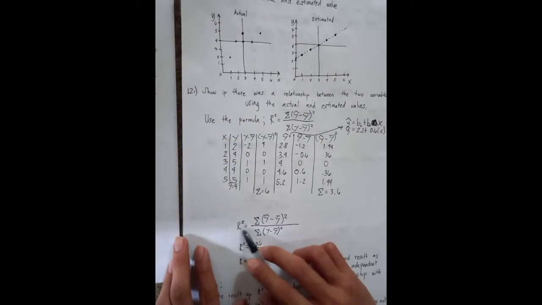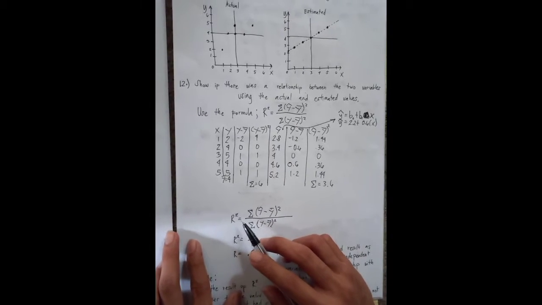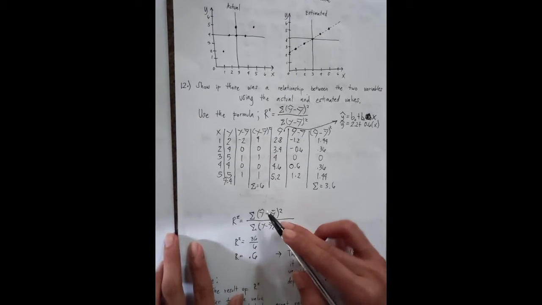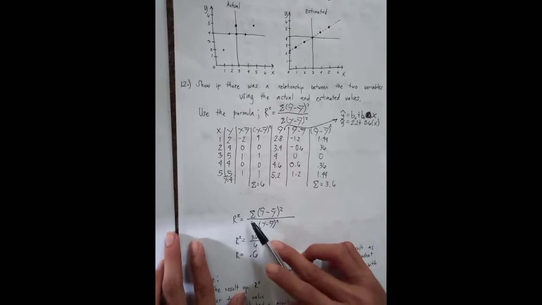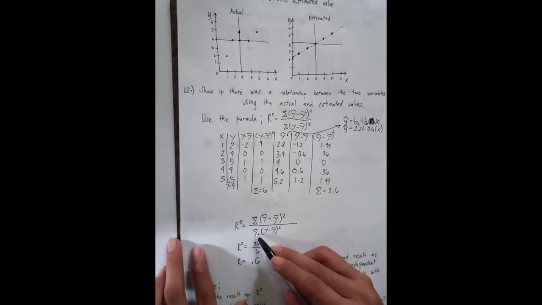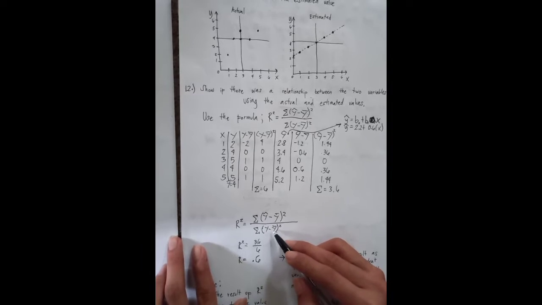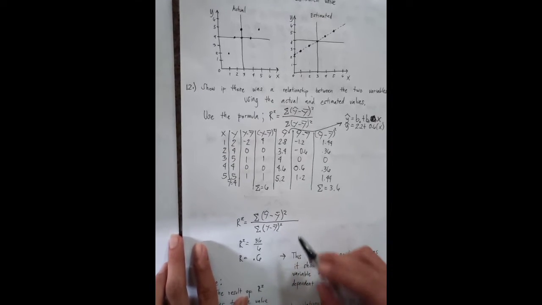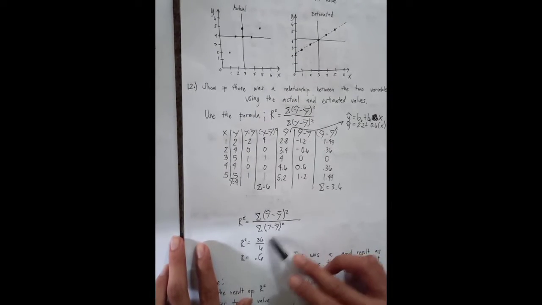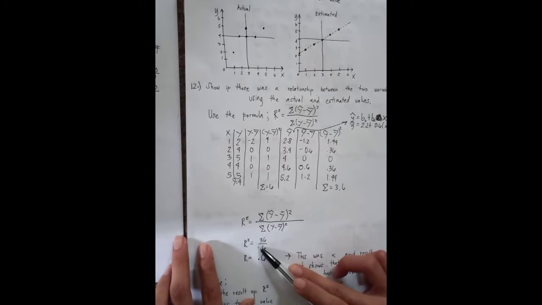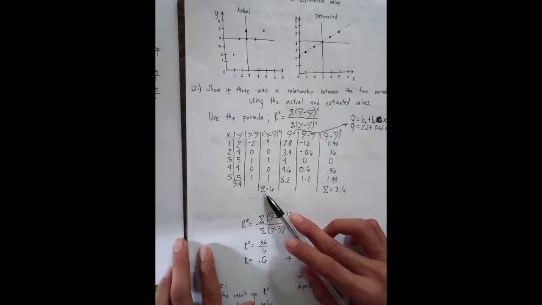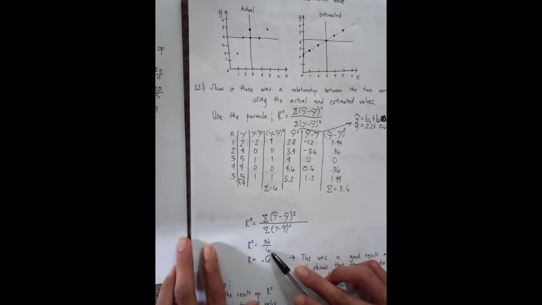So r squared is equal to the summation of the estimated value of y minus y mean squared over the summation of y minus y mean squared. So 3.6 over 6.